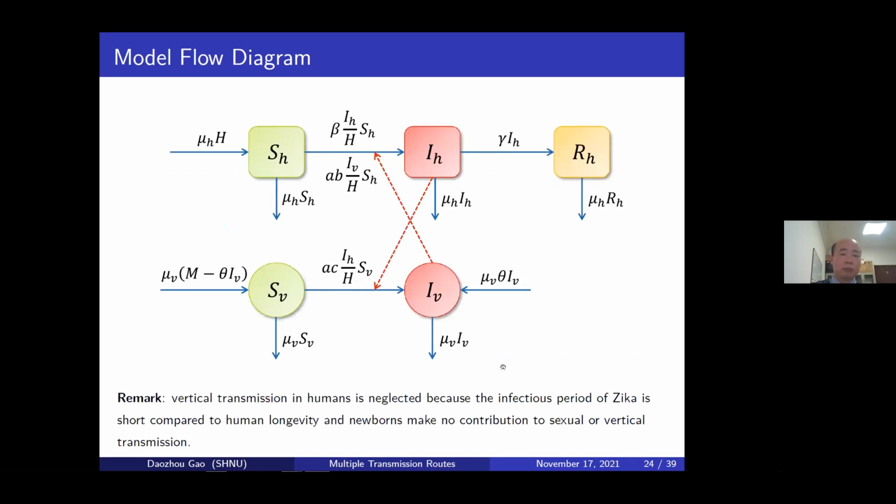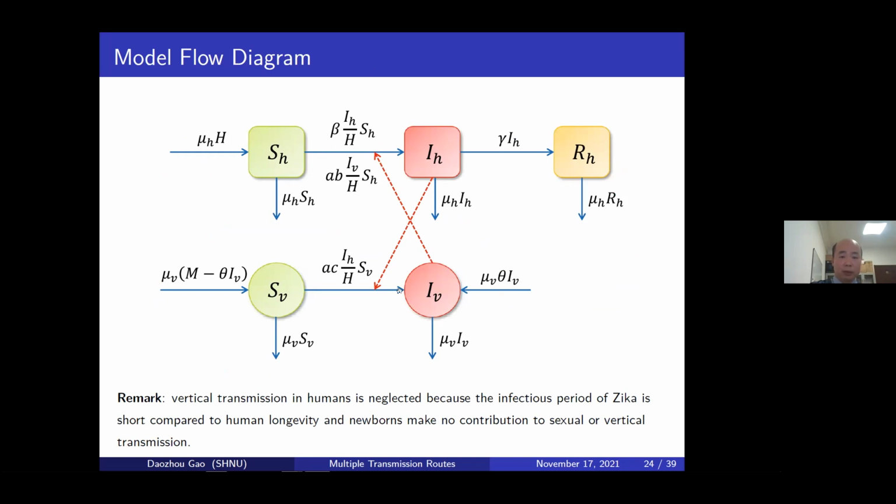Here is the model flow diagram, and you can see the model structure for humans is SIR, and the model structure for mosquitoes is SI. The susceptible humans can become infected by sexual transmission or by vector-borne transmission.